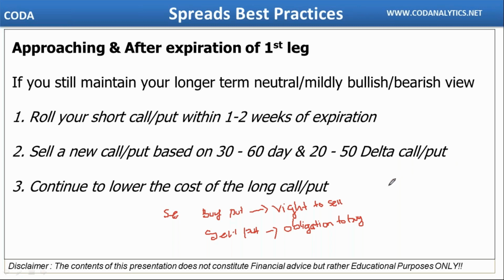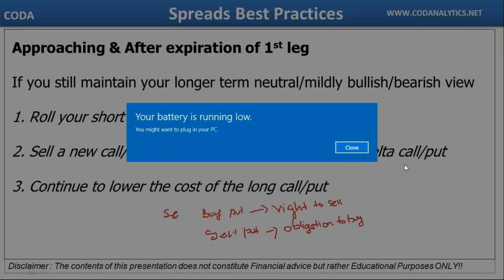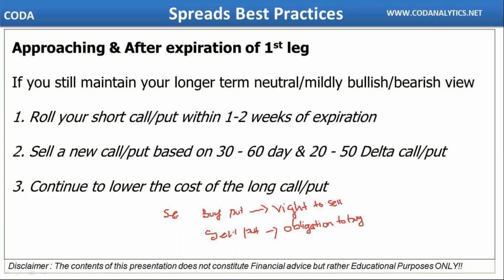So what do I do? I buy a long-term put, because I know the stock has the potential of going downwards, and I will profit from the put I've purchased. So these are around 6 months. I buy a put for 6 months.